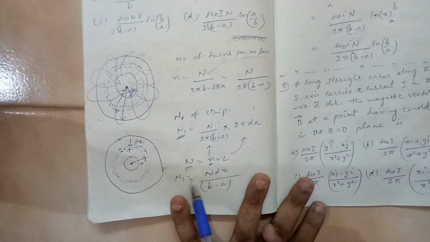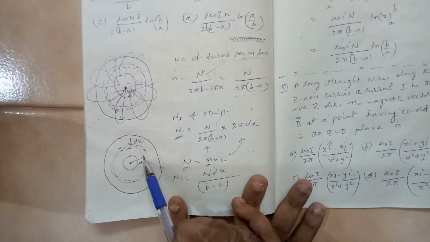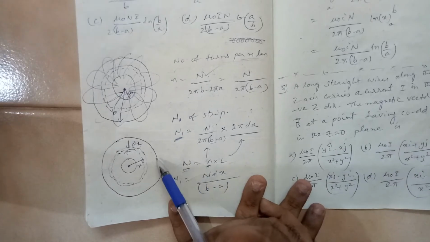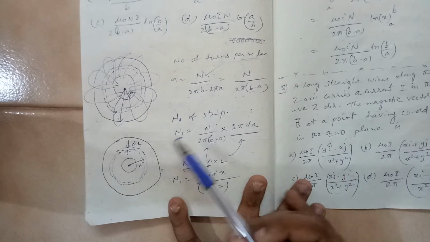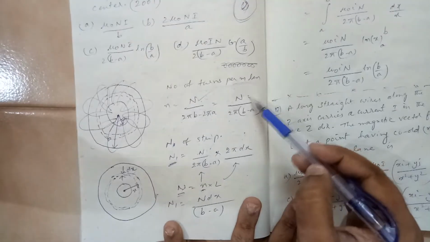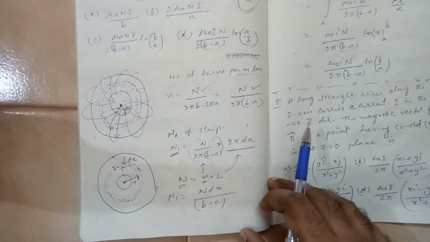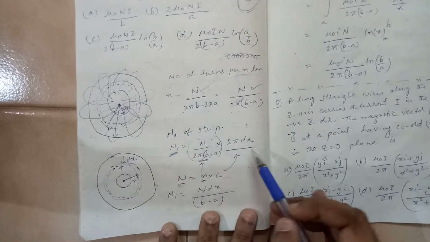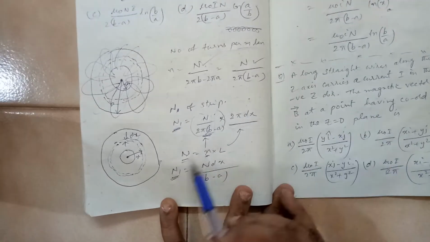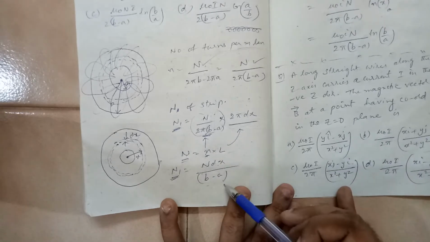You take small n multiplied by the length. When I am taking this small element located at a distance x, what will be the length? The perimeter, which is 2 pi into dx, multiplied by the number of turns per length, the small n value we have already calculated. So I will get the value of n1. n1 will be n dx divided by b minus a, 2 pi cancel.